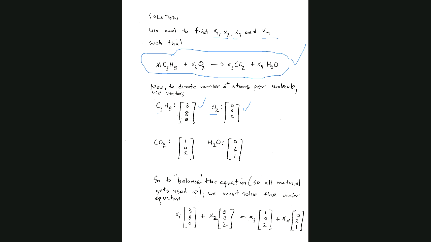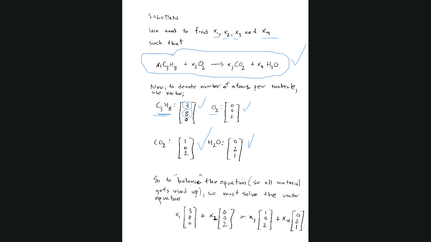Okay, so here are our 4 molecules, the vector representations. For instance, the propane molecule, C3H8: there are 3 atoms of carbon, so in the carbon spot we put a 3. H will be in the second entry. There are 8 atoms there.